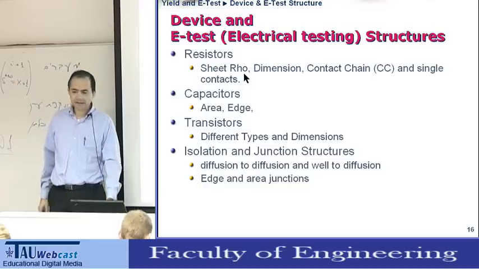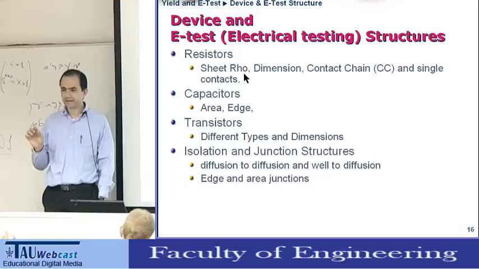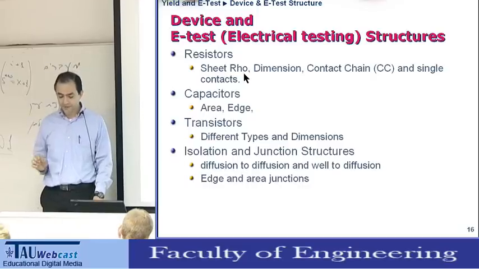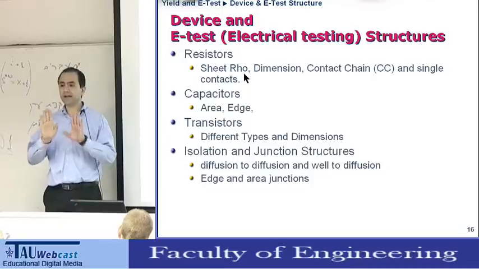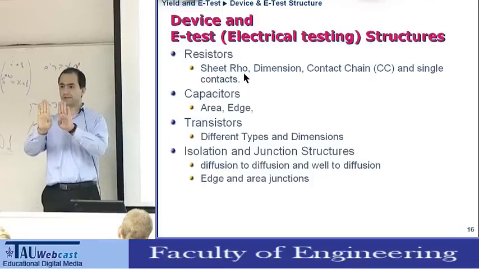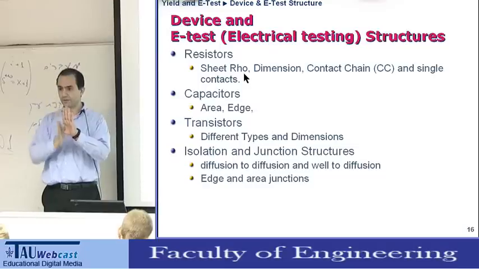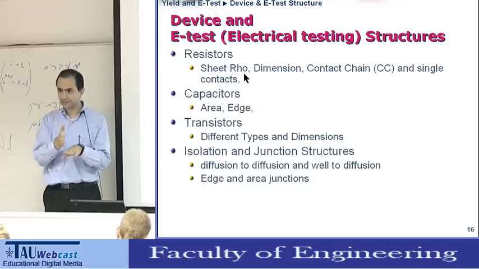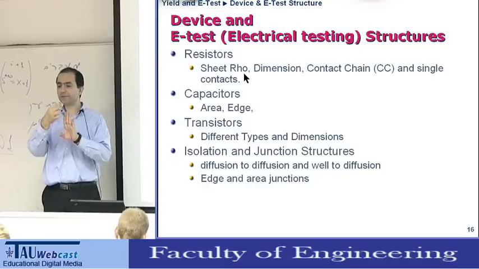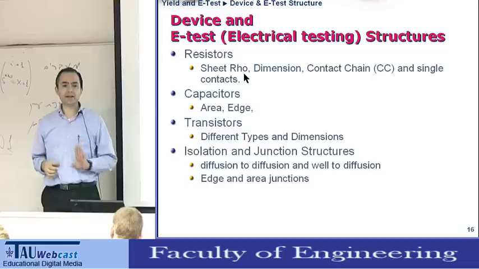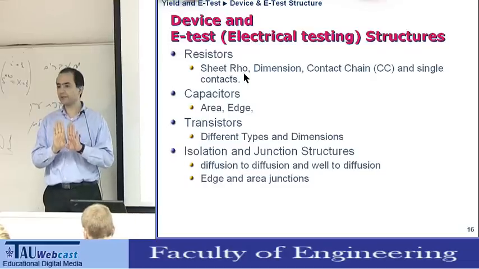The electronic testing devices are small structures which are placed between the dies. If we make two dies, there's an area just between them, which eventually we saw with a saw, okay? And then this area is filled with many electronic structures which we can measure.